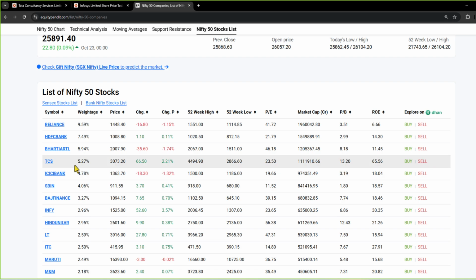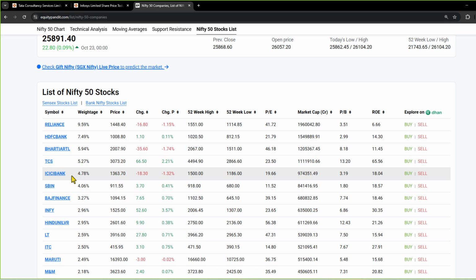If these 5 stocks are moving up, meaning the price of these stocks of these 5 companies is moving up on any particular day, then you can assume that Nifty itself is moving up.